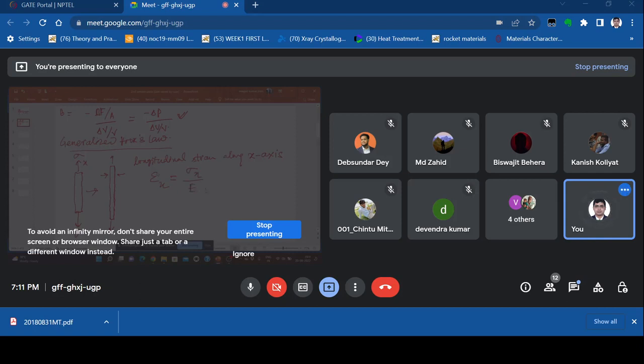This is one part of strain. Other two parts are there also. When you apply stress in one direction, there is also strain generated in x, y and z direction. This is our x direction we have considered. So in this direction we apply stress, and because of that strain is generated in x direction and also in y and z direction there is contraction.